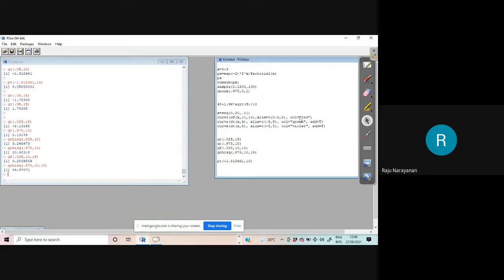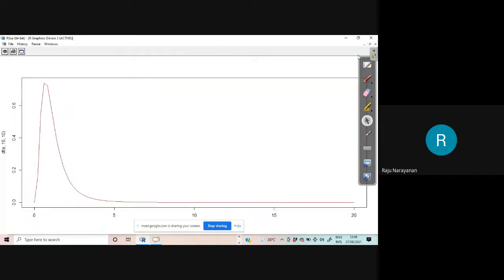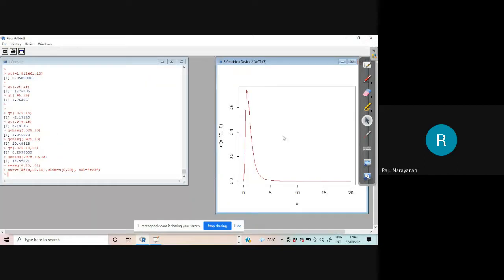Let us draw the graph, and after that, we can change it if needed. Yeah, this is the graph for F distribution with 10 and 10 degrees of freedom.